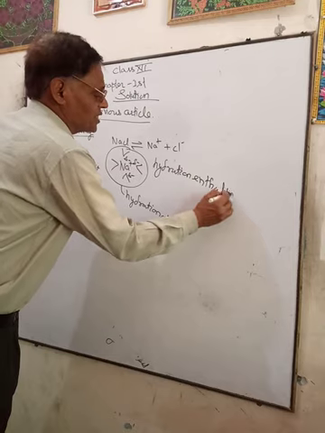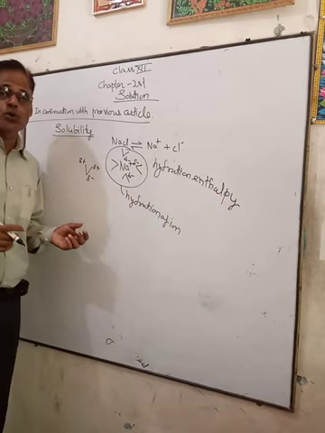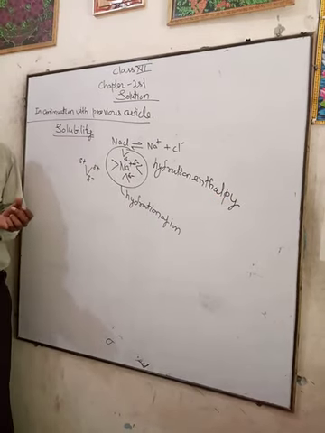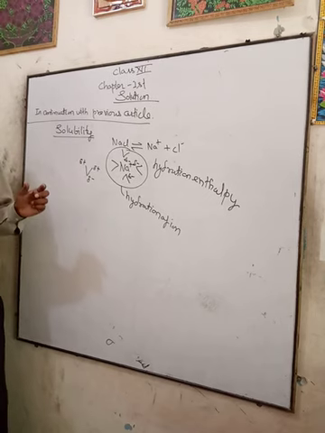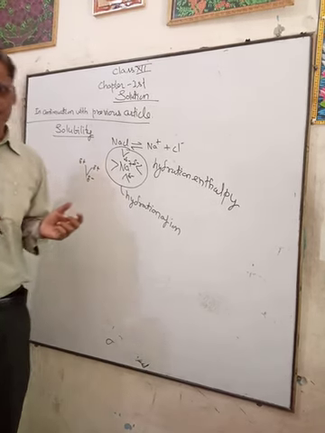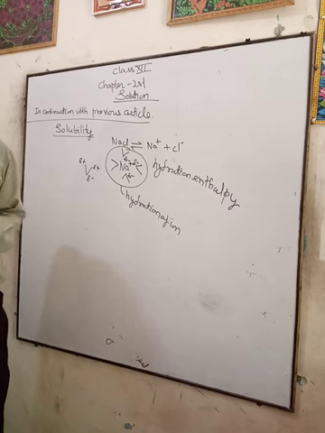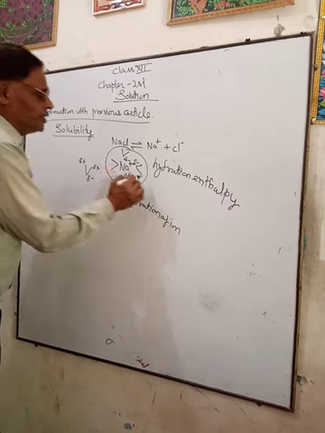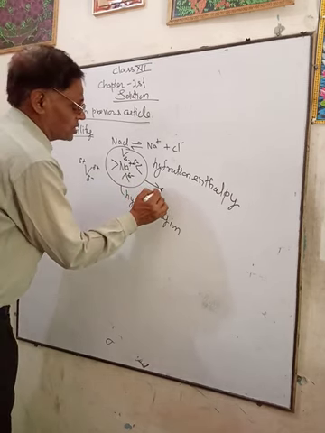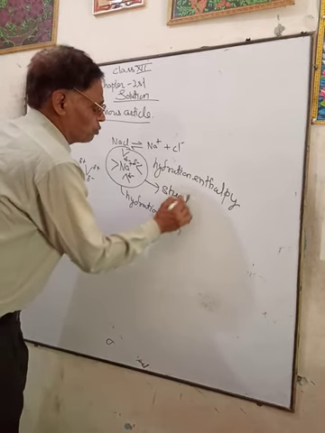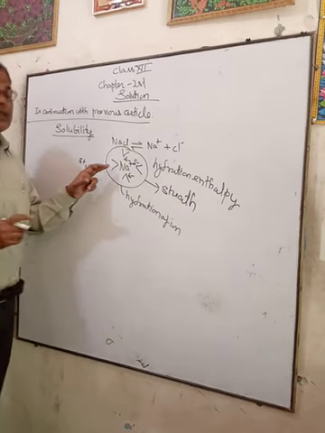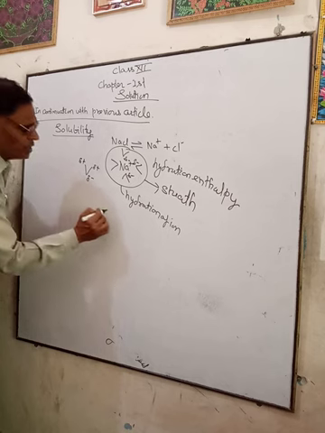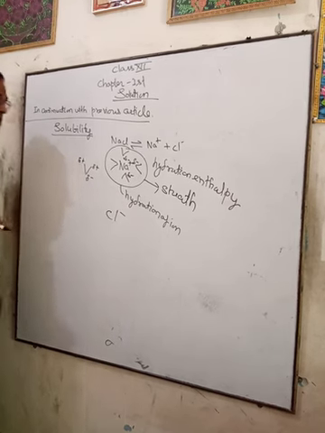The energy released when the ion goes inside the water and orients the water molecules according to its nature is called hydration enthalpy. Similarly, here this cover is developed. This is called a sheath. This water sheath is present on the Na+ ion. Suppose we take the Cl- ion here.